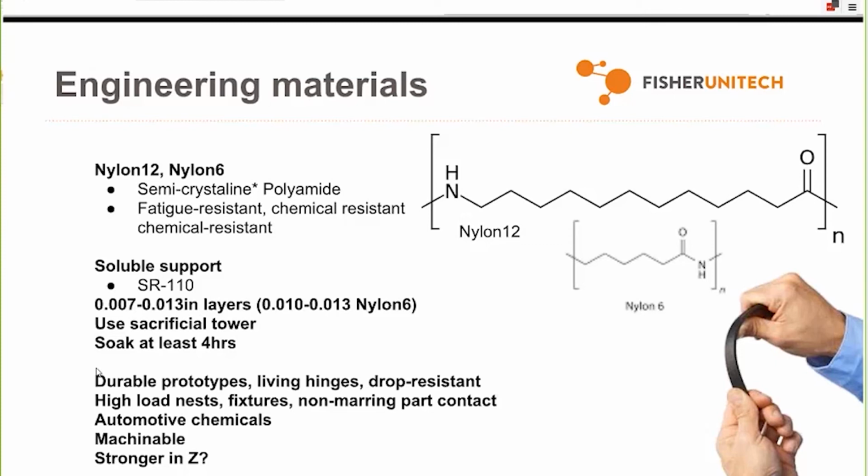All nylons are especially chemical resistant. It's just part of that amide bonding. And so they do really well with particularly problematic chemicals like gasoline, motor oils, grease, all the sorts of things that you'd expect to get on an automotive part, but which would normally eat up ABS and polycarbonate.